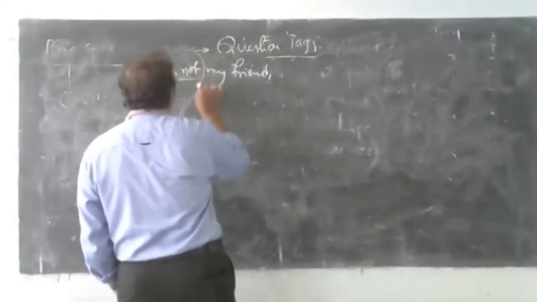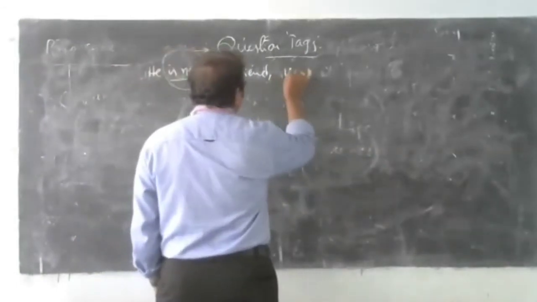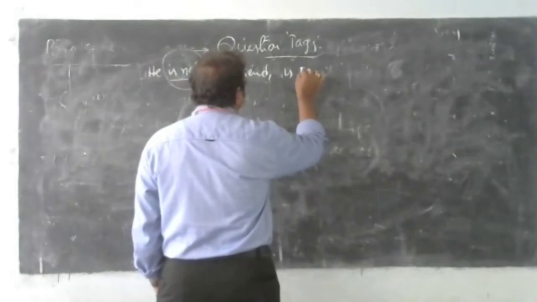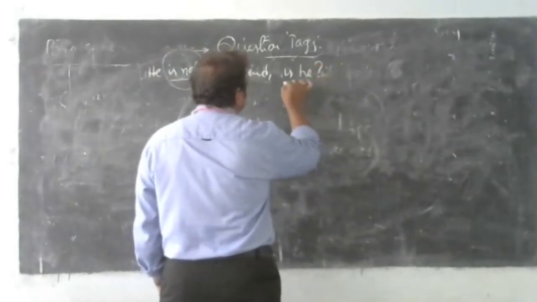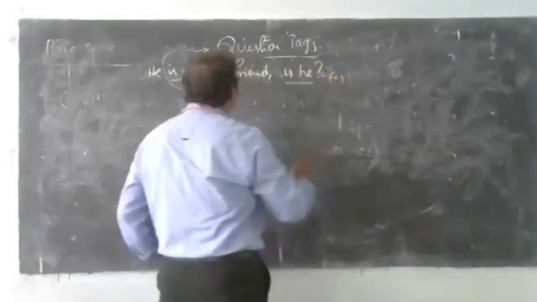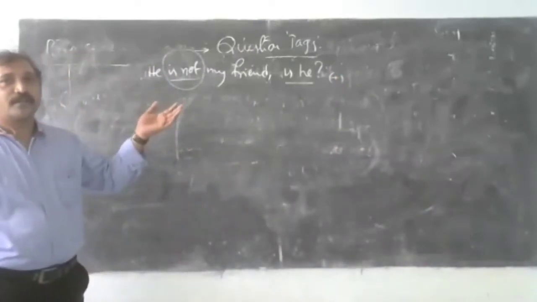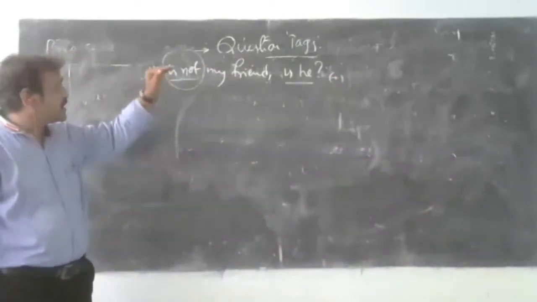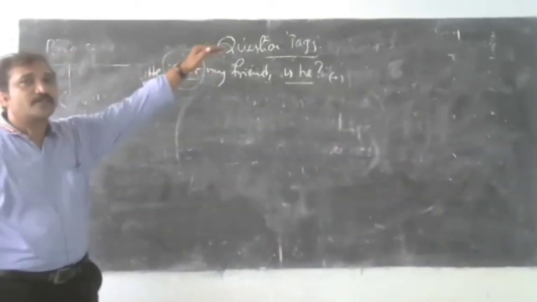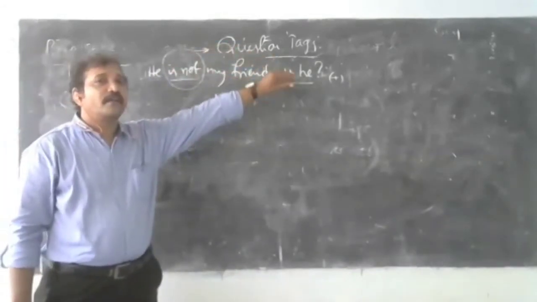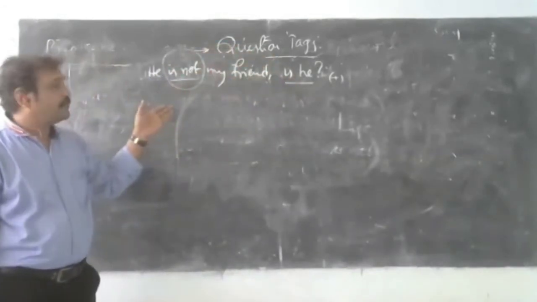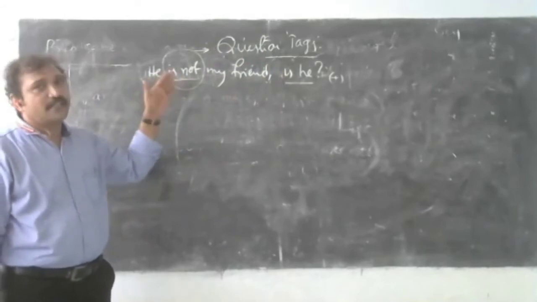If the statement is negative, you need to use a positive question tag. Just before, what was our rule? If the statement is positive, the question tag was negative. Now, the statement itself is negative.